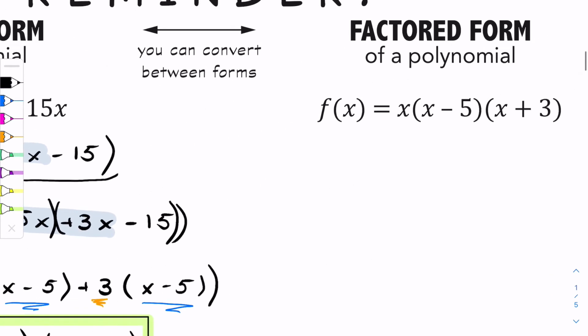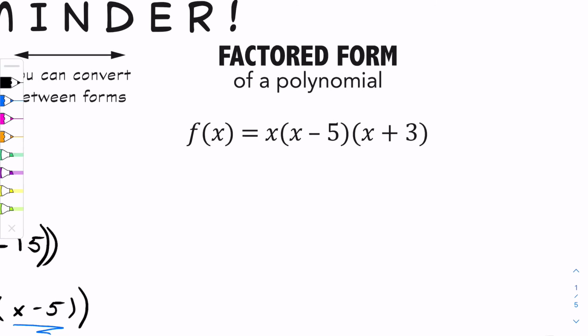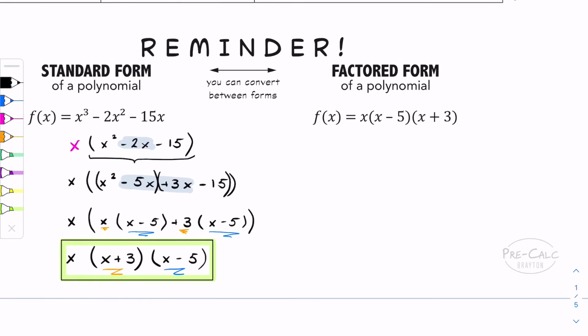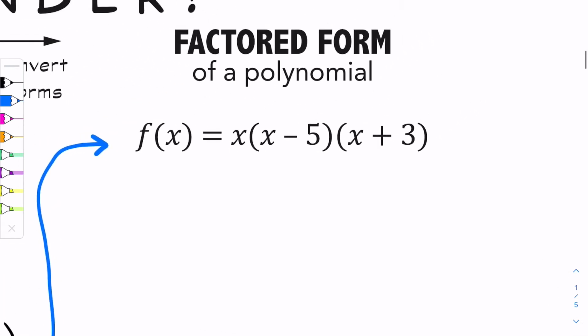Next, we're going to look at the factored form, which is exactly where we just ended. We have x times x minus 5 times x plus 3, and we're going to convert our factored form expression back to standard form. To do this, you need to multiply two factors together at a time.